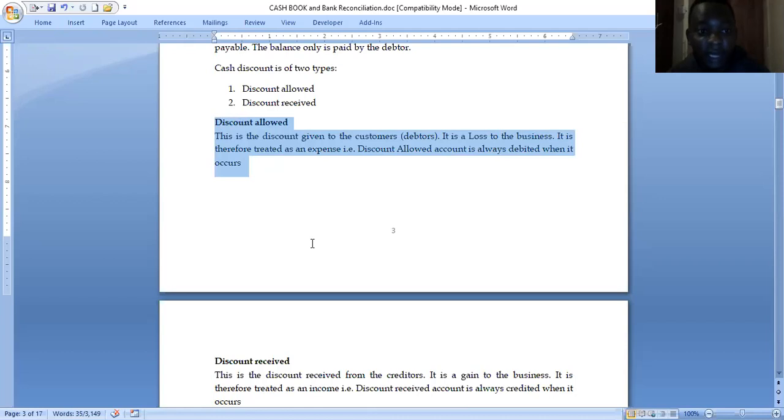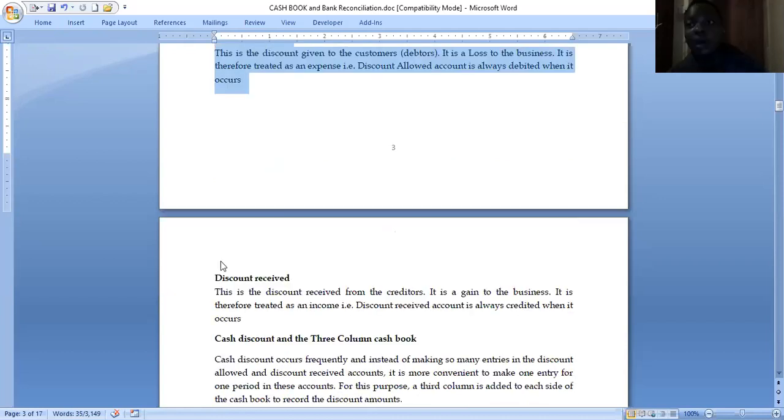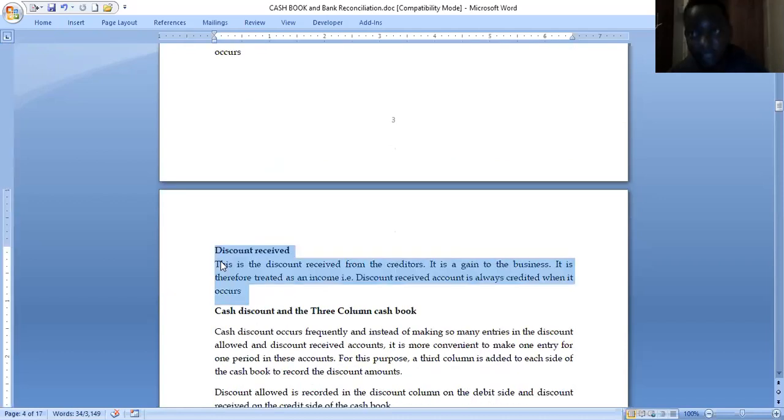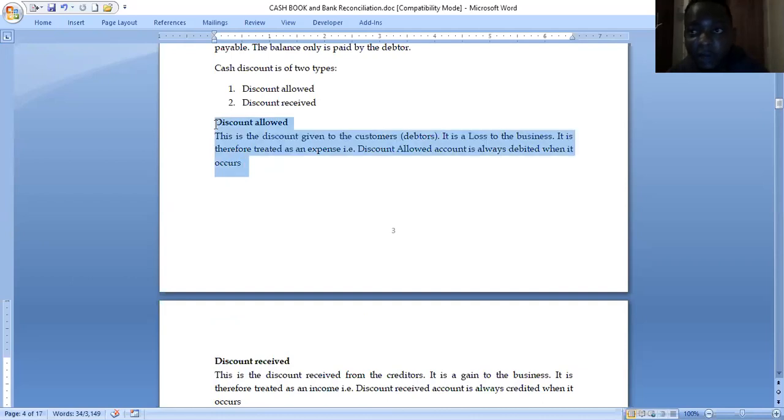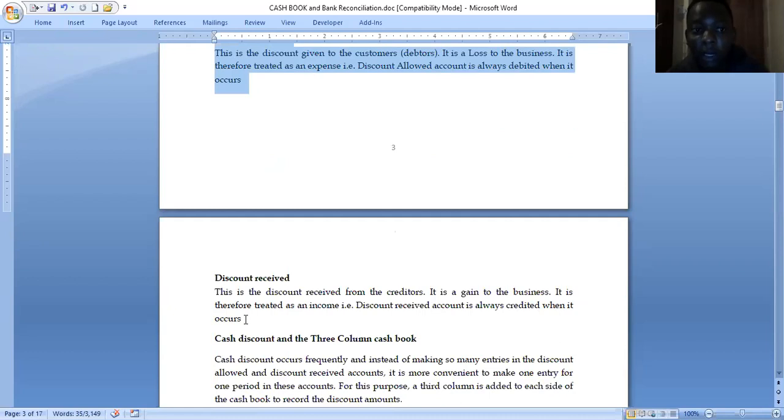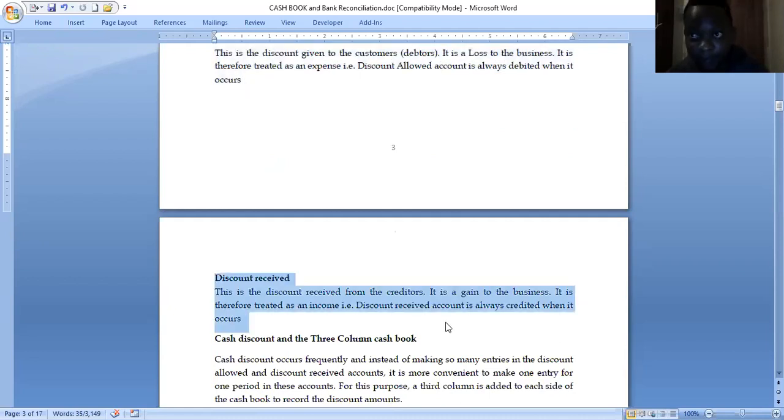And on the credit side, in the third column, the discount column, we record the discount received.